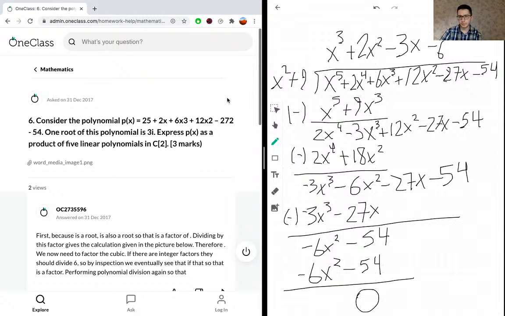And we get 0 for the remainder. So we successfully divided out x squared plus 9 into this function, and we got the polynomial that we're looking for.